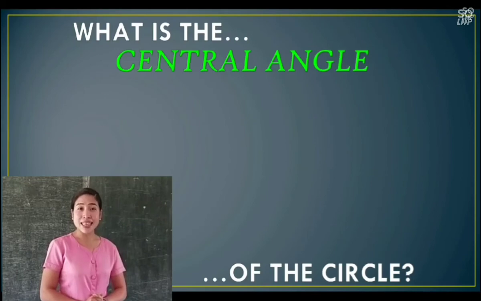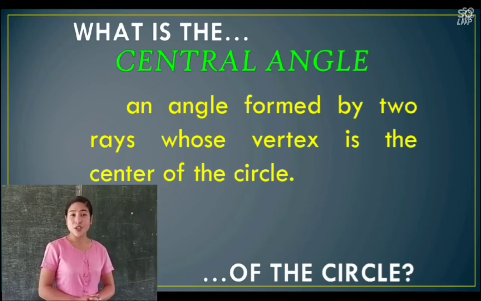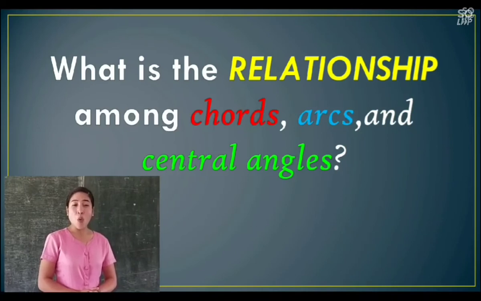How about the central angle of the circle? Great! The central angle of the circle is an angle formed by two rays whose vertex is the center of the circle. Now, what is the relationship among chords, arcs, and central angles?